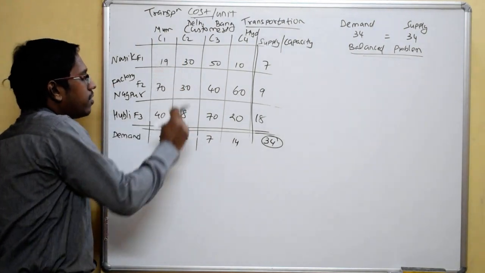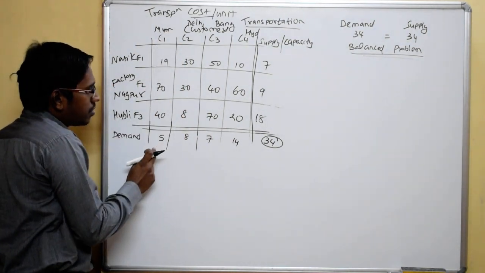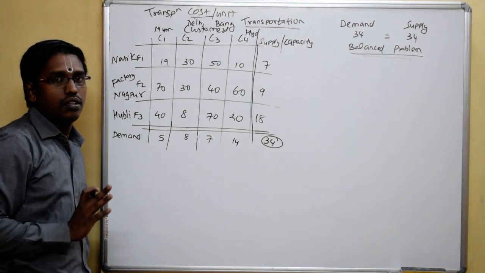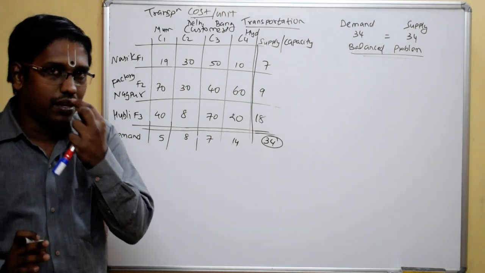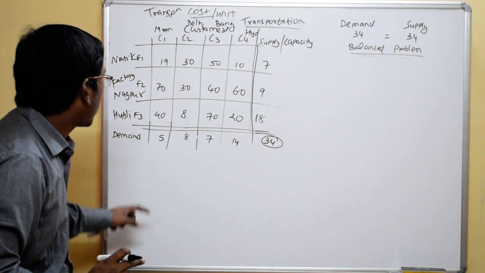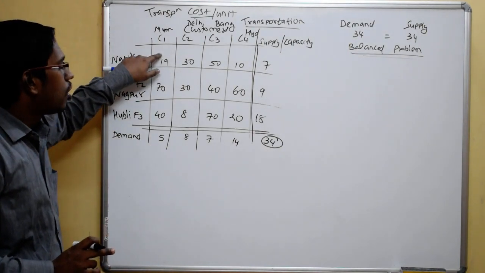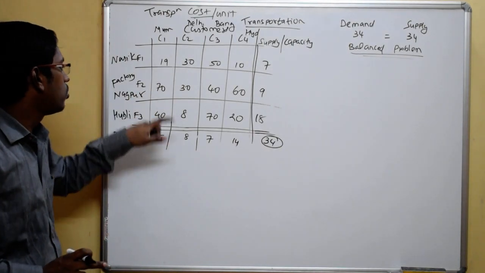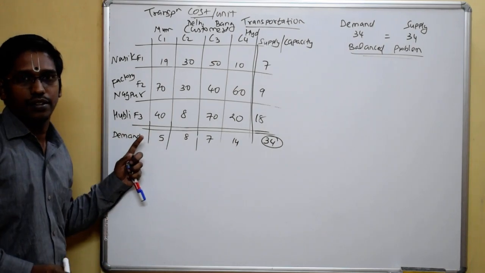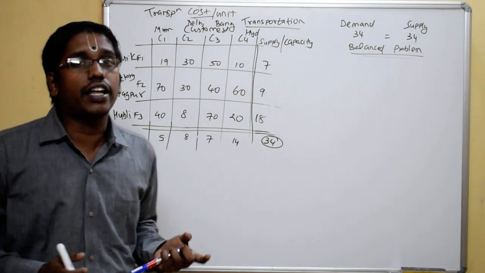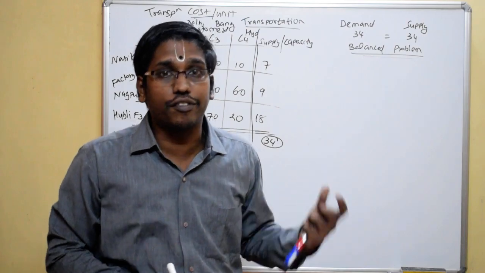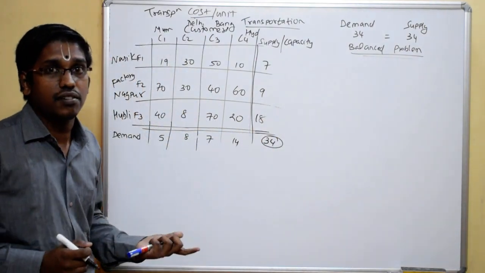The objective is very clear. As a customer C1, this customer needs 5 units of the product. The customer is really not bothered whether these 5 units are going to be delivered from F1 or F2 or F3. The product could be manufactured in any of the factories F1, F2 or F3, or it could be a combination as well.